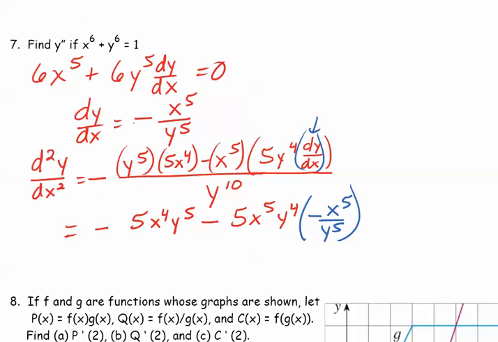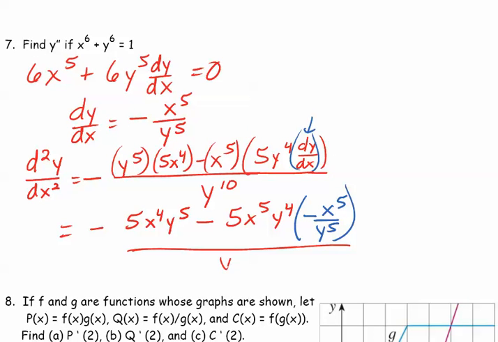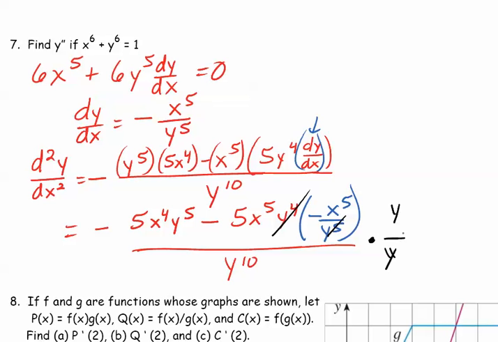And I bet you've already seen these same patterns happening many times now. This y to the 4th can cancel, but we'll still have one y left down there. So we will have to multiply by y over y. And don't forget to distribute times both terms.